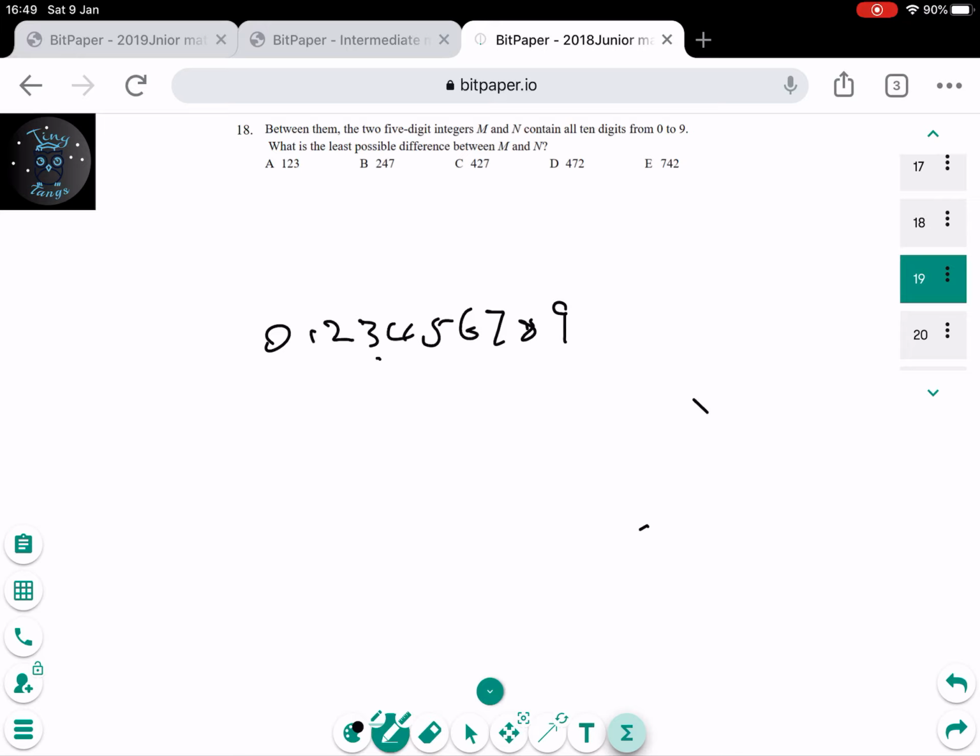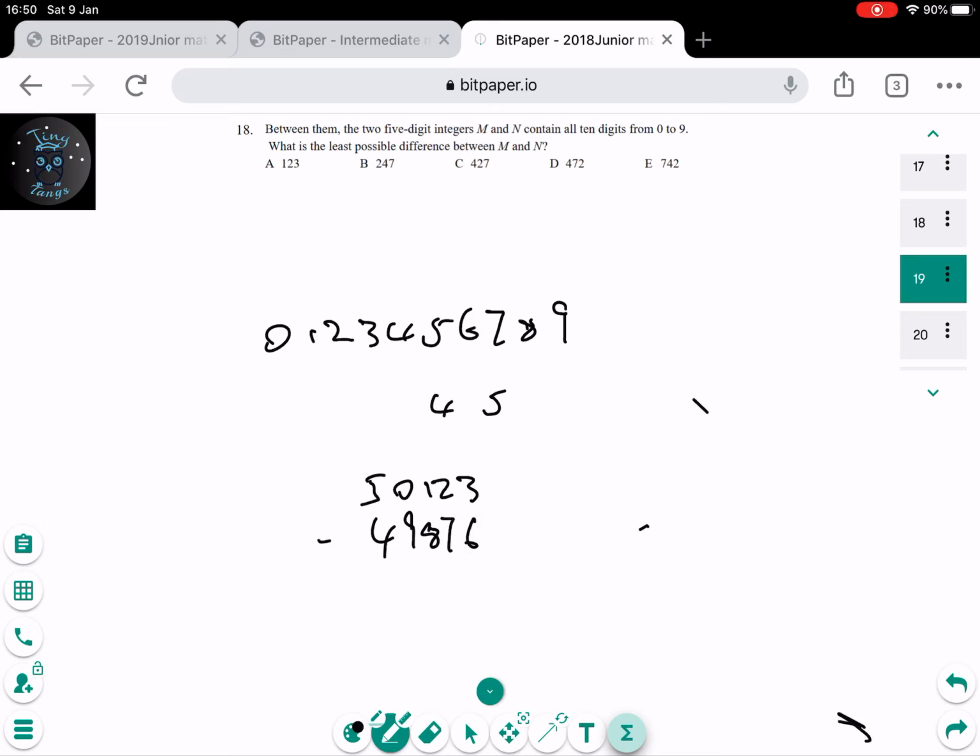So we need 2 middle numbers, which is perfect, 4 and 5. So these are the starts of our numbers. So the plan is, never mind, let's just do it. So 5, 0, 1, 2, 3, 4. 1, 2, 3. That's the first 5-digit number. 4, 9, 8, 7, 6. That makes it the largest possible.